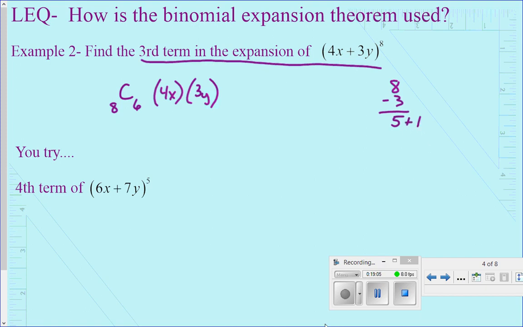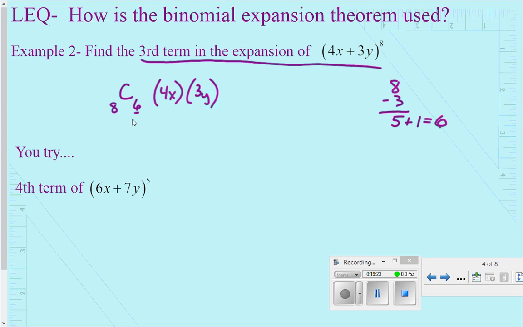So you have to include the term you're starting with or ending with, depending on how you think about that. That's going to give us 6. So 6 is the r. So the term you're expanding to minus the term that you want, 3, plus 1 gives us 6.